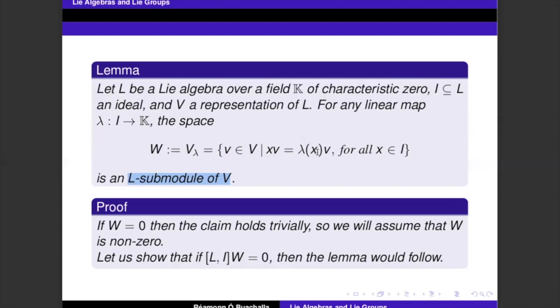So then it holds trivially. Okay. So for the rest of the proof of the lemma, we're going to deal with the case where W is non-zero, because W equal to 0 is taken care of. So how are we going to prove it? Well, we're going to prove this identity here.